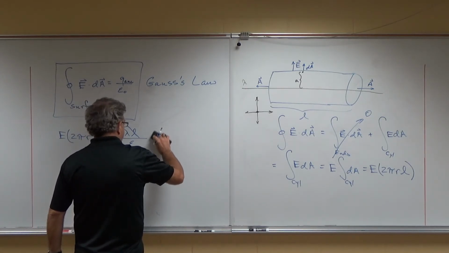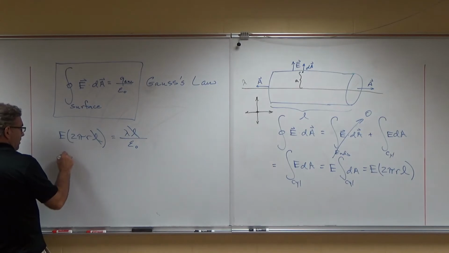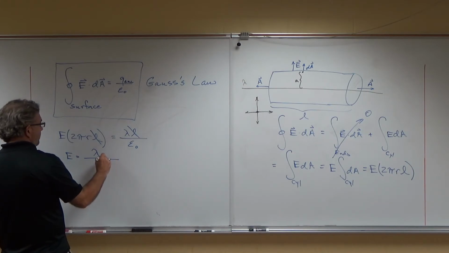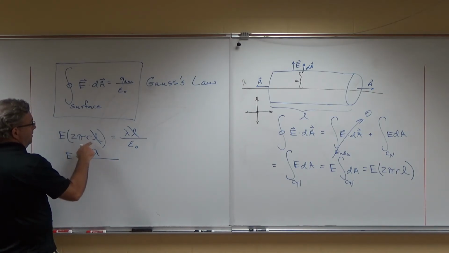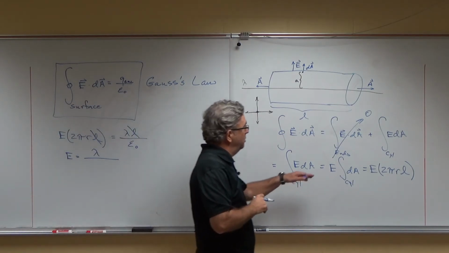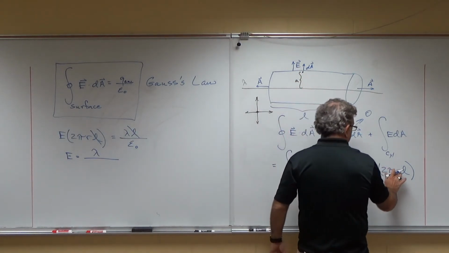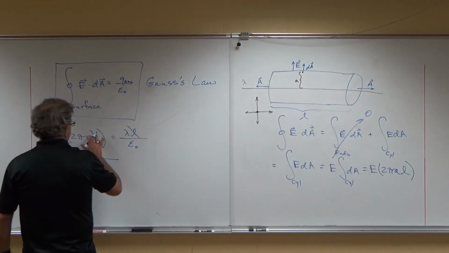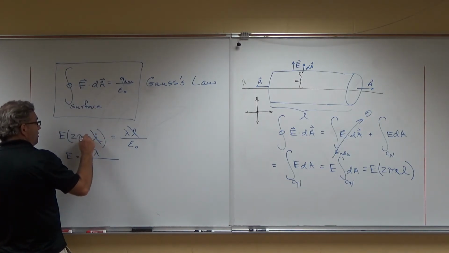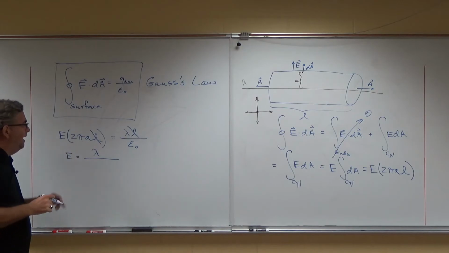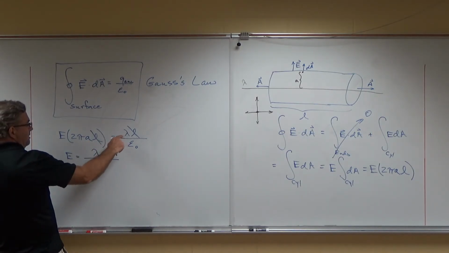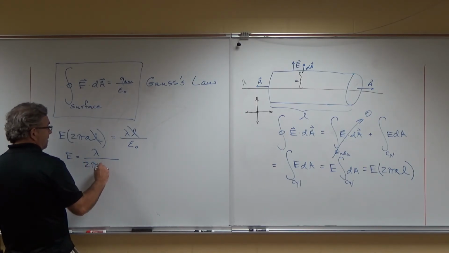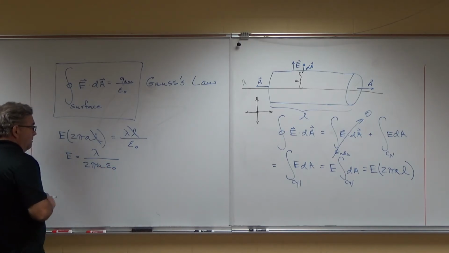Let me rewrite it down here. I'm calculating E, so I get E is equal to lambda over. I used R here, but I meant to use A because that's the radius of the cylinder. Let me correct that. Since I made the radius of the cylinder A, I need to use A here. So this is lambda over 2 pi A epsilon naught.